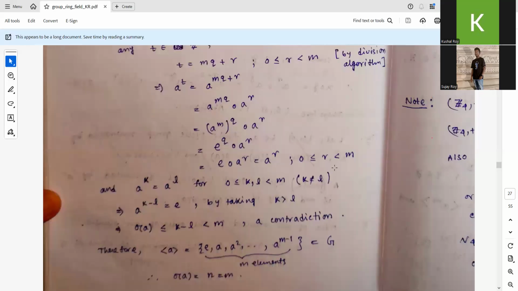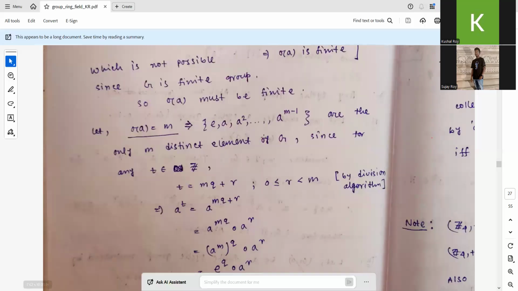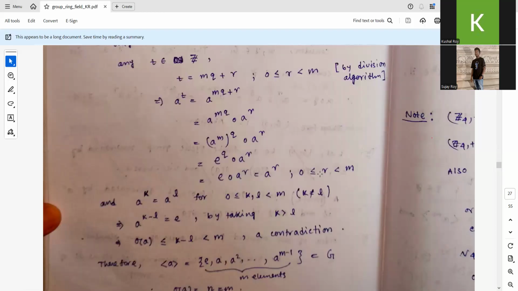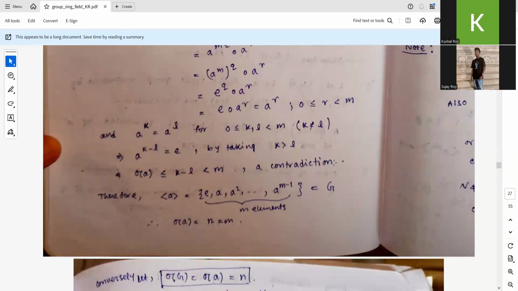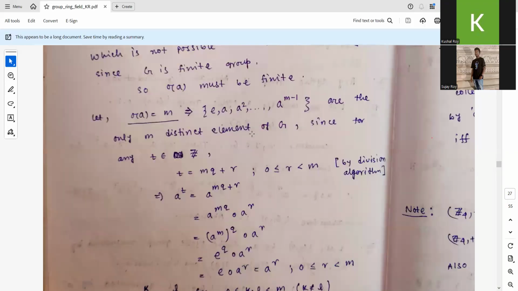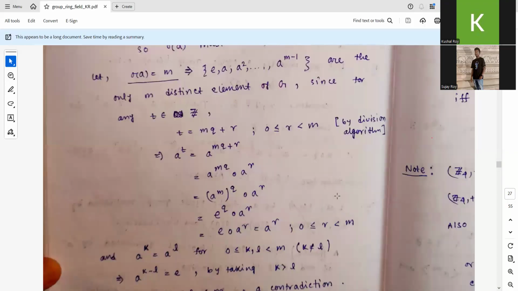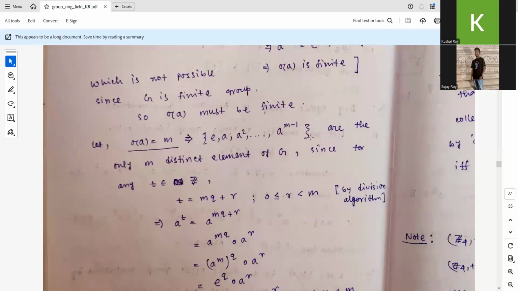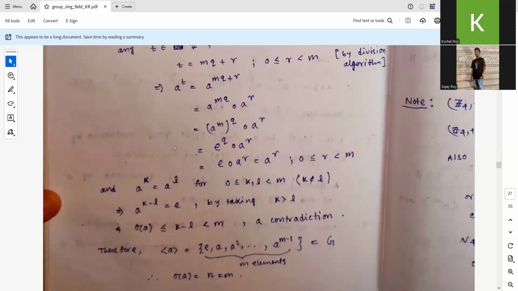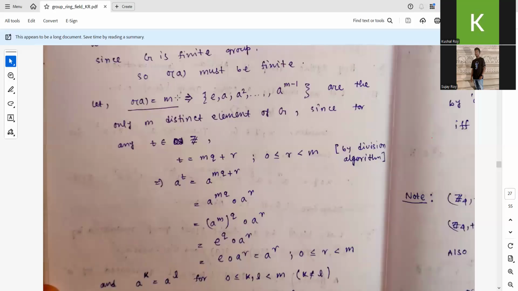Since r lies between 0 and m minus 1, a to the power t is an element from the set e, a, a squared, up to a to the power m minus 1. So if you consider any element, it belongs to these m elements. Therefore, we can generate only m elements using a whenever the order of a is m.